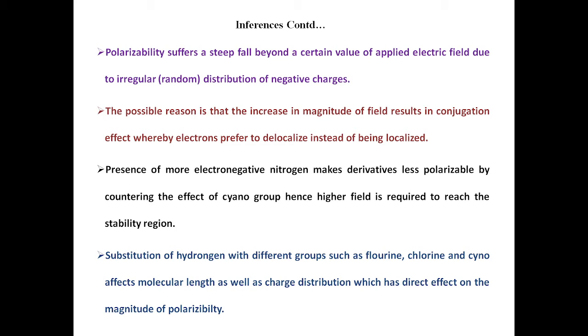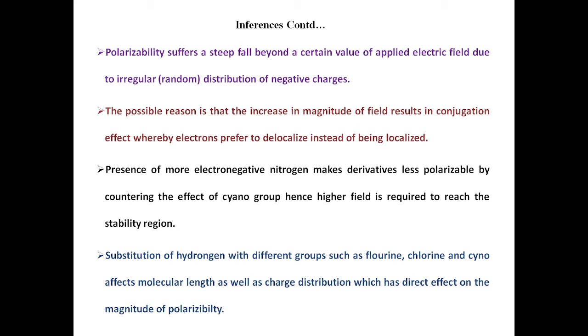Presence of the more electronegative nitrogen makes the derivative less polarizable by countering the effect of the cyano group, as a higher field is required to reach the stability region.